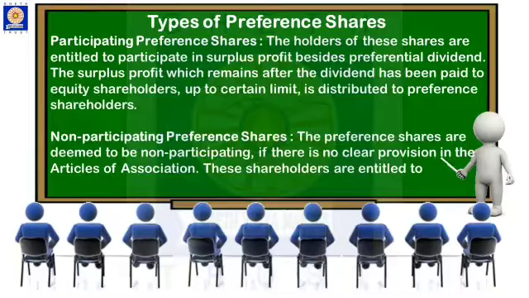If the Articles of Association state that the type of preference shares is participating, then only can the preference shareholder participate in the surplus profit. But if it is not stated, it is by default treated as non-participating preference shares.